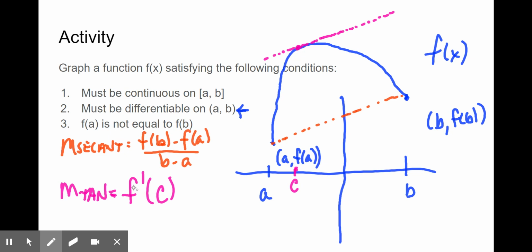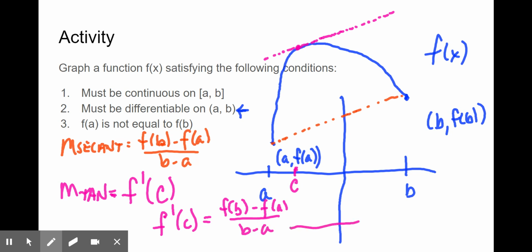Okay, so the slope of the tangent line is equal to f prime of c. And now I found a place where these two are equal to each other, right? I found a place where f prime of c was equal to f(b) minus f(a) over b minus a. This is the mean value theorem.